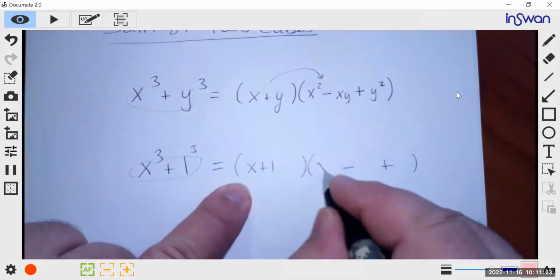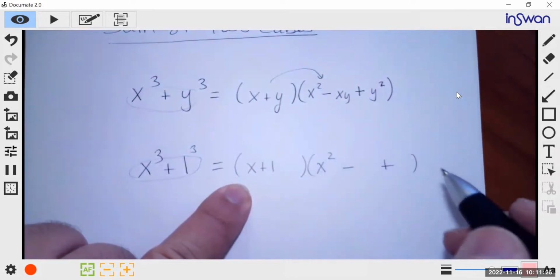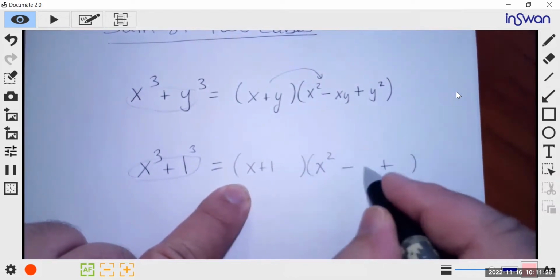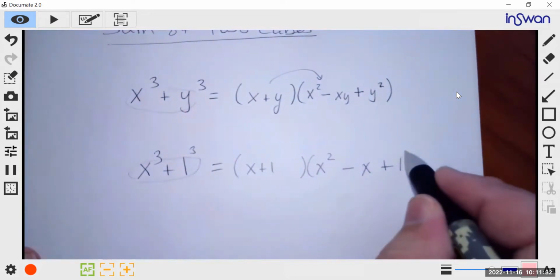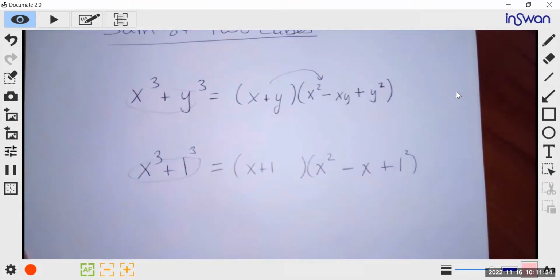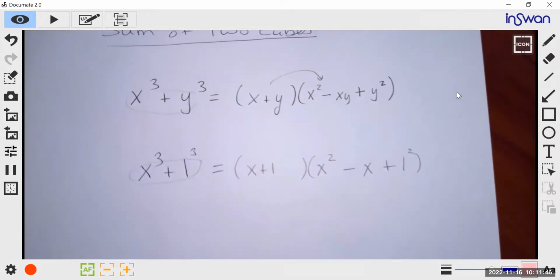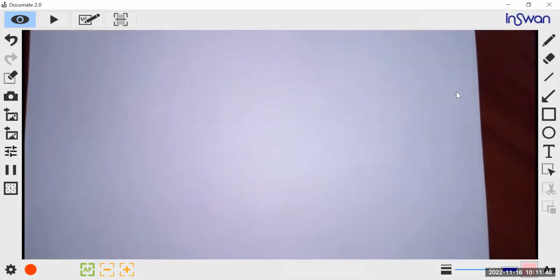Square the first term, which is x squared. x times 1 is x. 1 squared is 1. And there you have it. And we're almost done.